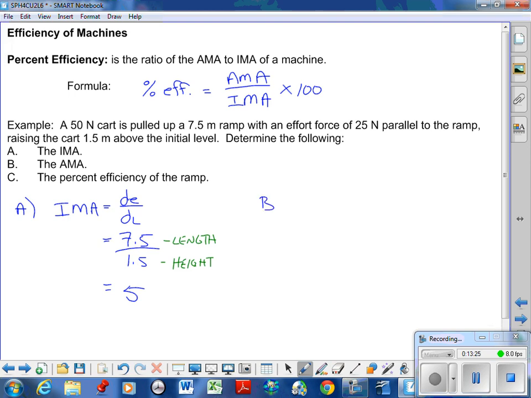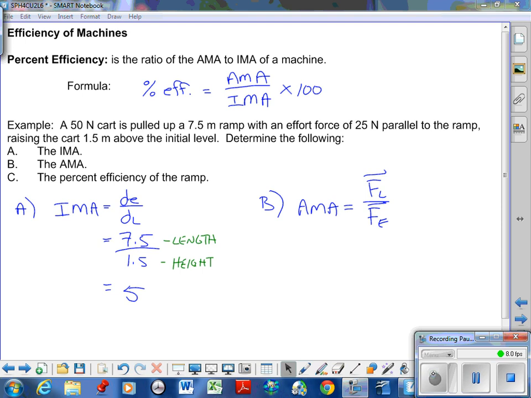Okay. B part, we want to find AMA. And that's your F load over your effort force. So we know that the load here was 50 newtons. 50 newton cart, sorry, that's your effort force, how much it takes to pull it up the ramp, with an effort of 25 newtons.